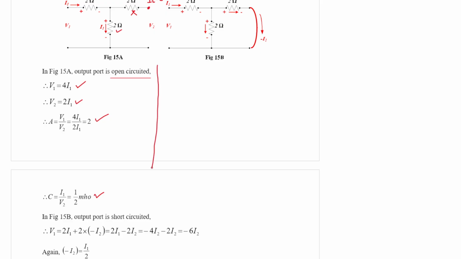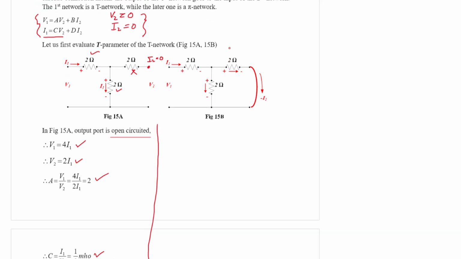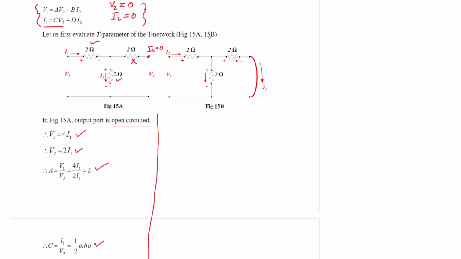Now similarly, if we consider figure 15b, we write V1 equal to 2I1, since I1 is flowing through this 2 ohm resistance, and then this current is minus I2, because the current reverses its direction as we are shorting it, so it will be 2 into minus I2.